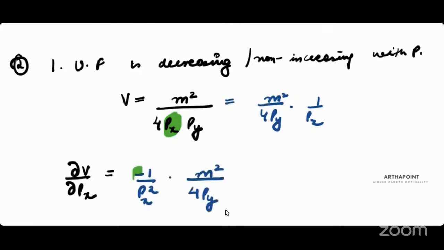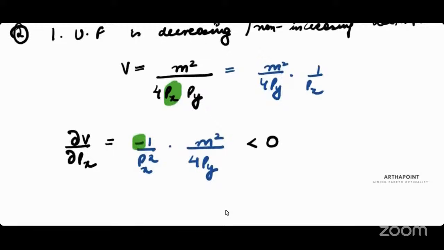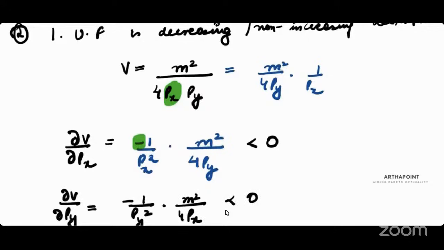Clearly, because of this negative sign, this is less than 0. And you can show this for py also. So del v by del py will be minus 1 by py square into m square by 4 px, which will be less than 0. So it's a decreasing function of prices.